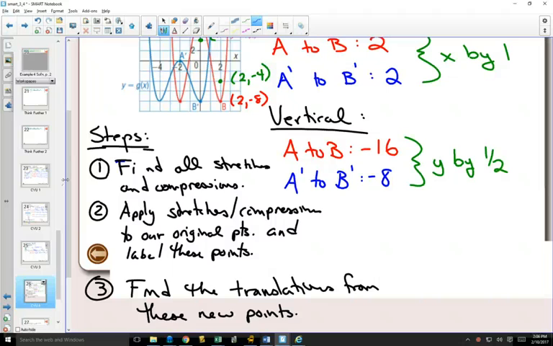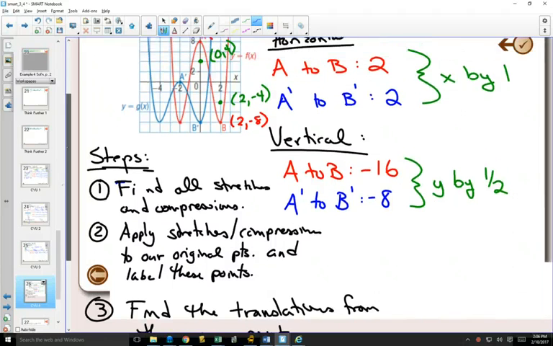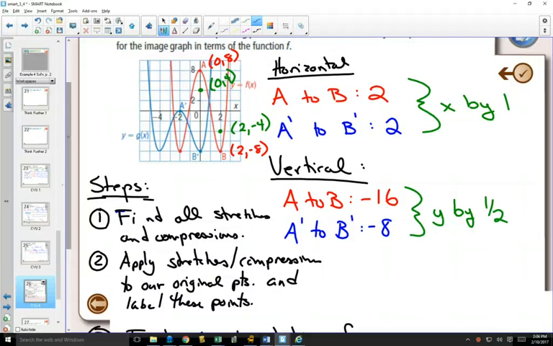So if we wanted to find one graph to the other, we would have to do the same thing. We figure out our stretches and compressions first and then find out how I could move (0, 4) to that point. I would have to go 2 to the left and 4 down. Does that make sense? Does that work for this point too? If I go 2 to the left and 4 down, does it match up?